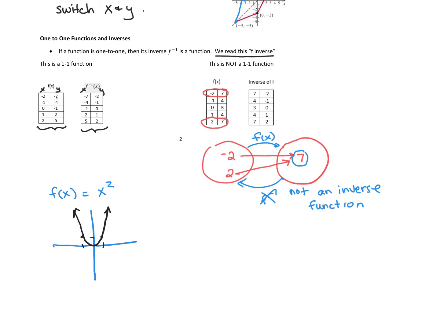It would cross in too many places. So what we often do is we only consider part of this. We might consider the function f of x equals x squared, but only if x is greater than or equal to 0. We call this restricting the domain.